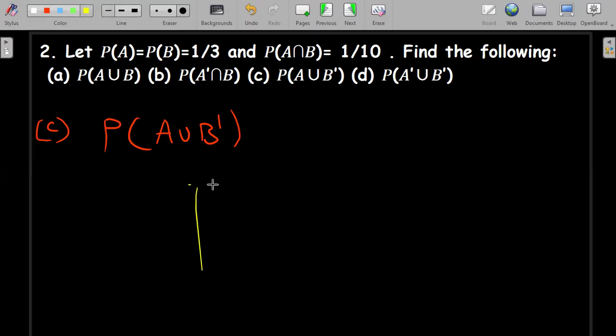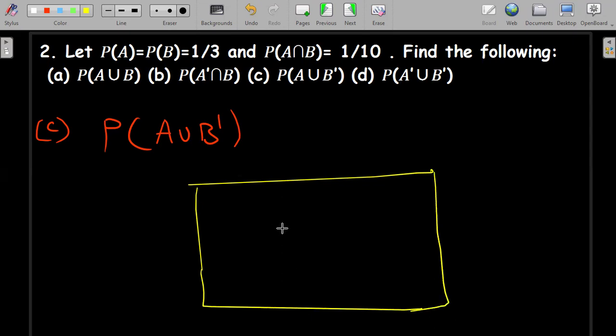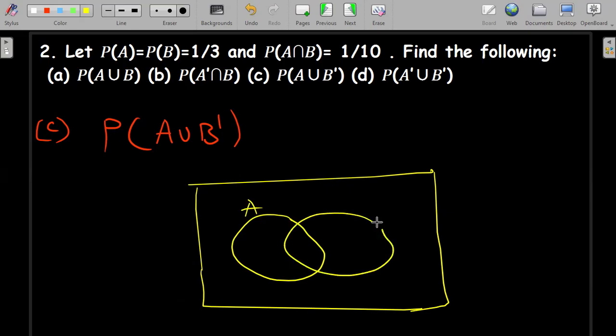If this is our Venn diagram, let's see if we'll be able to visualize it. I have A there, and then B there. B complement will be everything that is outside this B here. And then A will be this part here.